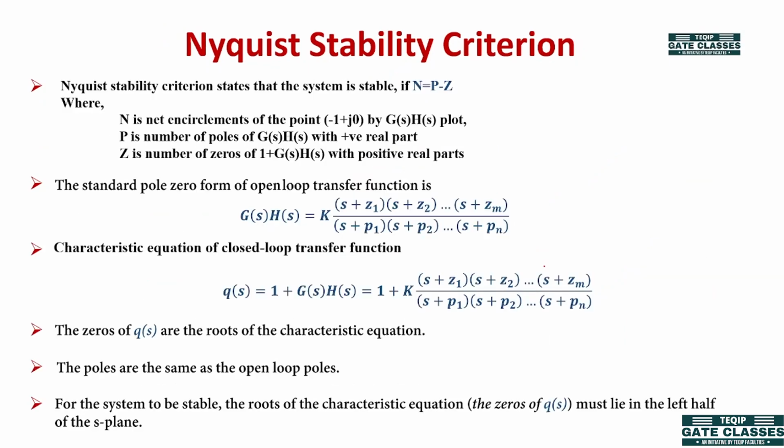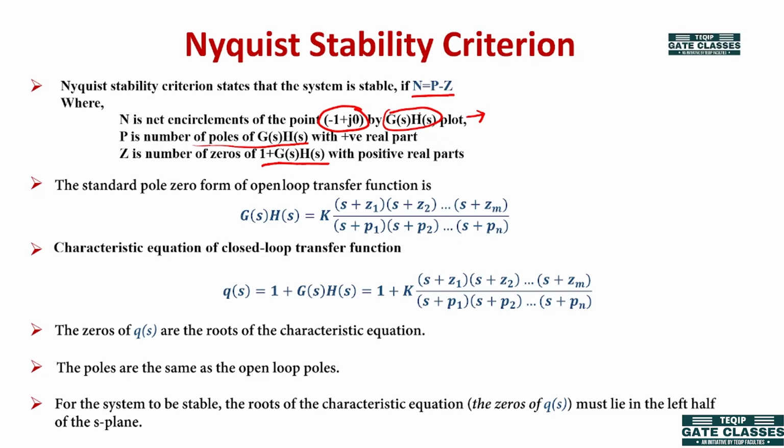So let's understand the Nyquist criterion in an easier way. The Nyquist criterion states that the system is stable if N is equal to P minus Z, where N is the total number of net encirclements of the point -1 plus j0 by the open loop transfer function G(s)H(s), P is the number of poles of G(s)H(s) with positive real parts, and Z is the number of zeros, that means the roots of the characteristic equation 1 plus G(s)H(s), with positive real parts.